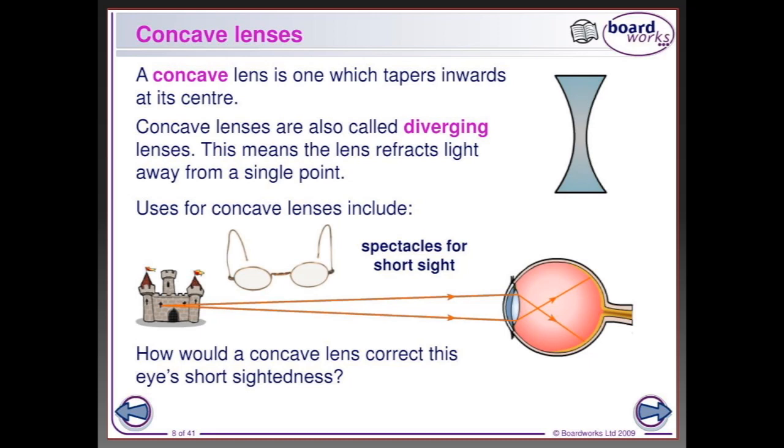For that purpose, concave lenses are used. They are used to correct the defect of vision called myopia, or short sight. Convex lenses for long sight and concave lenses for short sight.